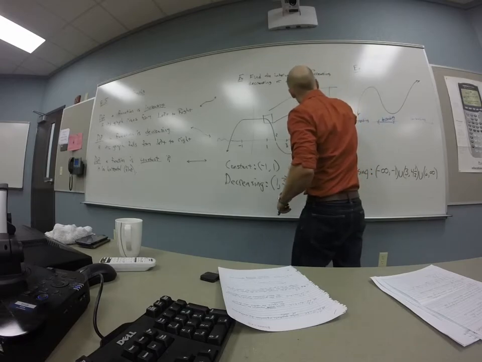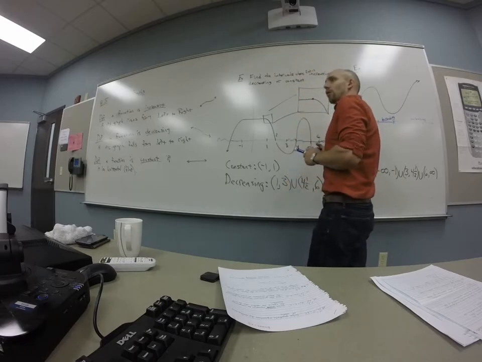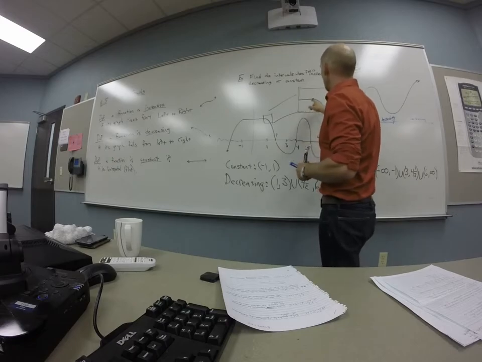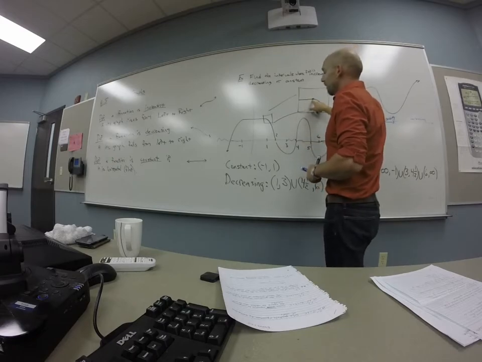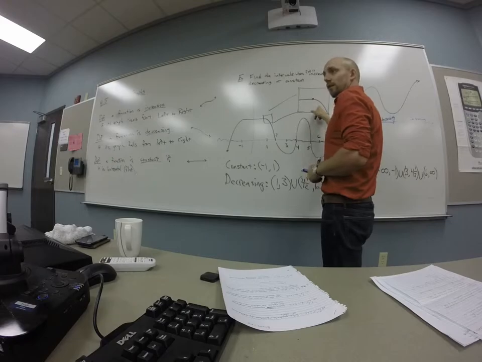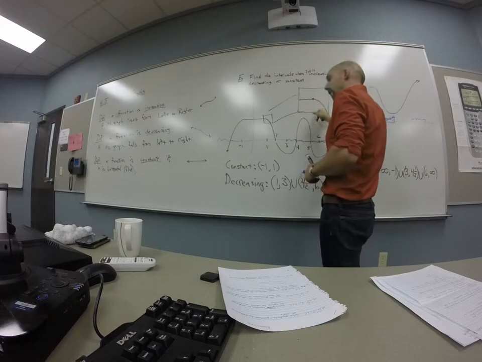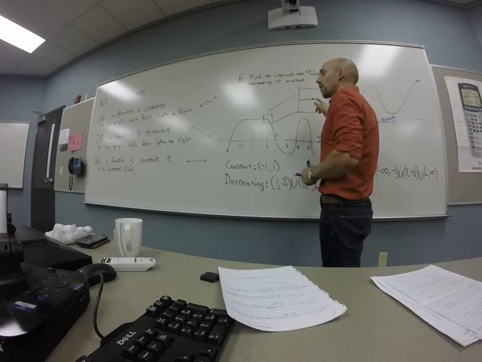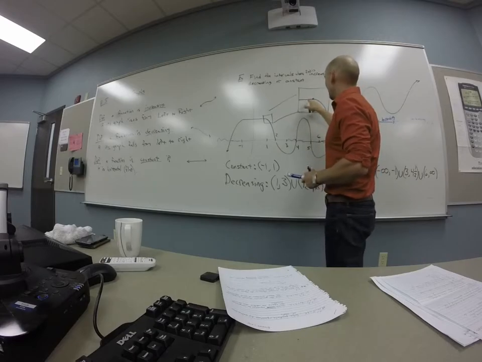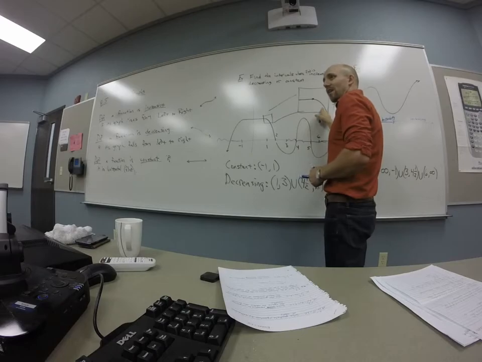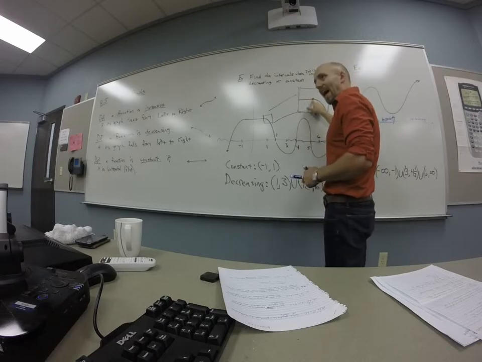So this is the point I'm talking about. Are things constant there? No, because on this side they're constant, but on this side they're not, right? The graph isn't flat at this point because it goes down a little bit on that side. Now is it decreasing? Well, it's decreasing over here, but over here it's flat.